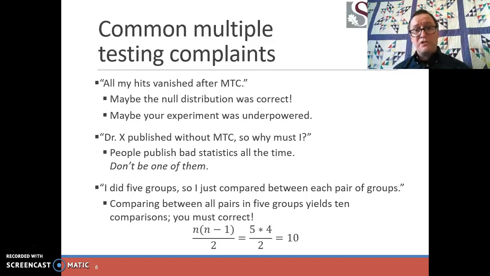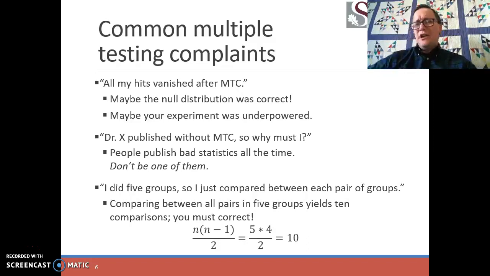You, as a very junior person, may not get the same kind of leeway from your reviewers as Dr. X gets. That is not fair, but that's the reality. People who are at more junior stages of their careers face greater scrutiny when they try to publish work than people who are very senior. So, all I can ask you here is don't become one of these people who's very famous, who publishes nonsense. It happens far too much in the biotechnology literature.